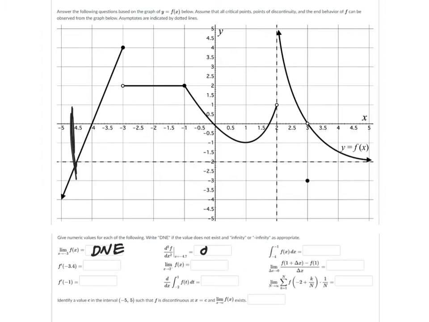Okay. The next one, we have the integral from -4 to -1 of f of x dx. So let's take a look at what that would look like. We would have something that would fill in all of this area, and then all of this area. This one's actually not too bad because we can just work it out as if it's a geometry problem.